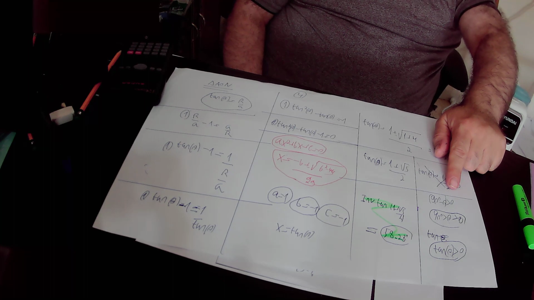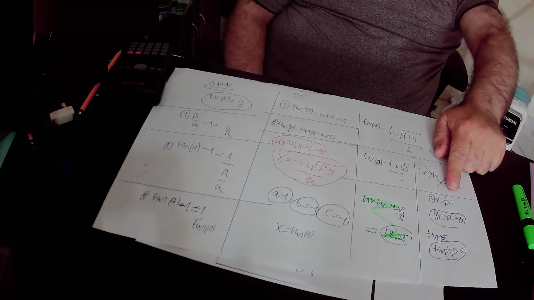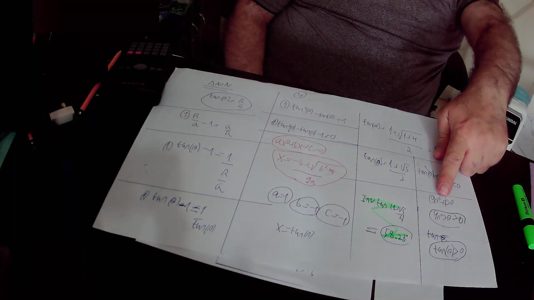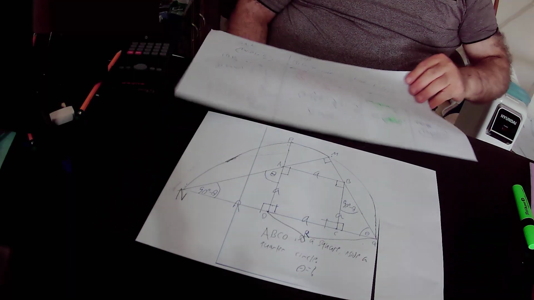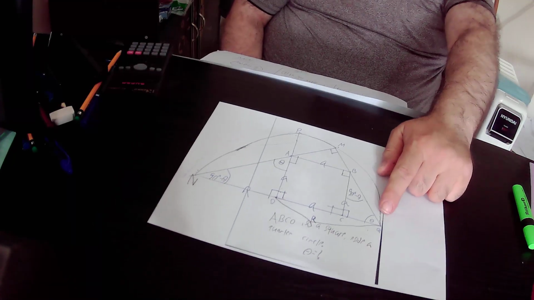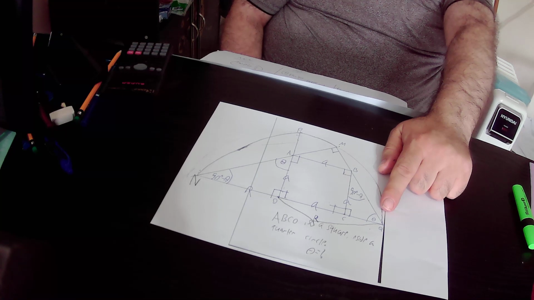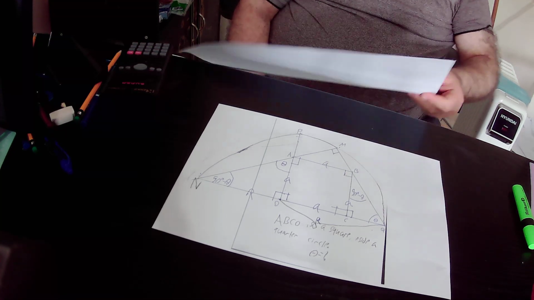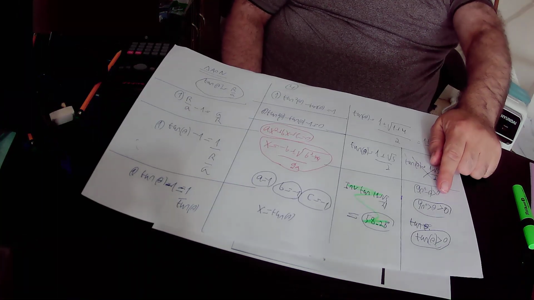Adding theta, we get that theta is less than 90 degrees. Also theta is one of the angles of a right triangle, therefore it is positive, greater than 0.